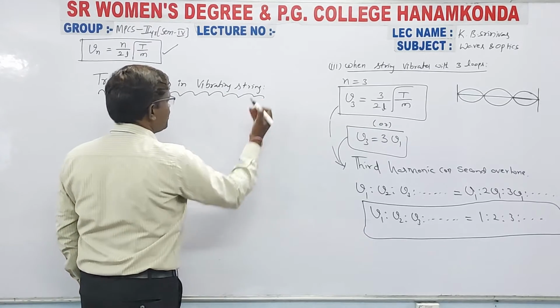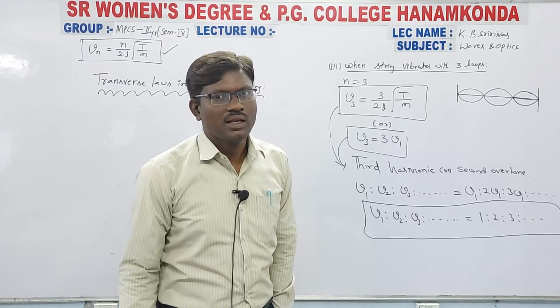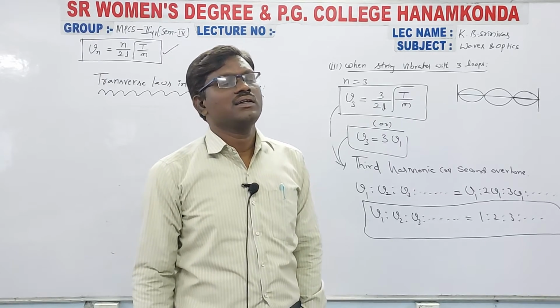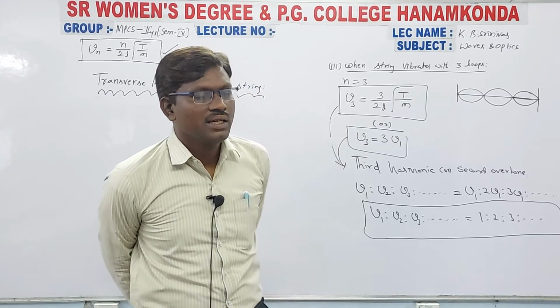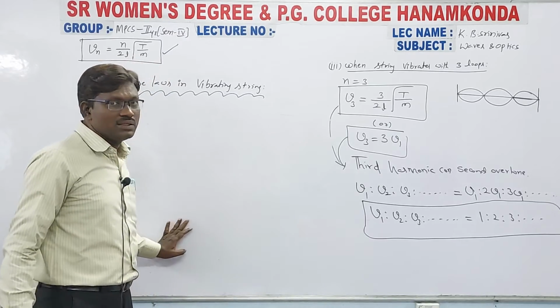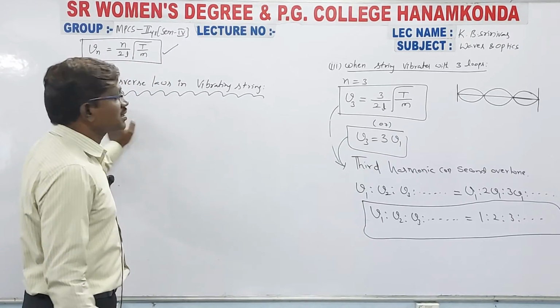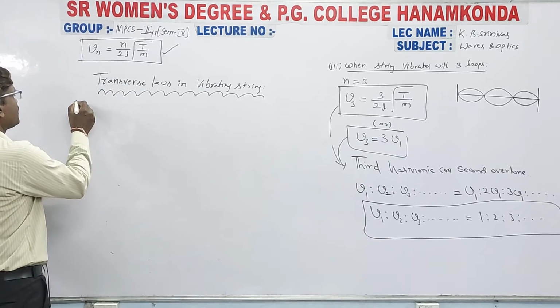See, the relationship between the fundamental frequency, length of the vibrating wire, tension of the wire, and linear mass density can be expressed as 3 laws known as what? Transverse laws in the string. See, first law.